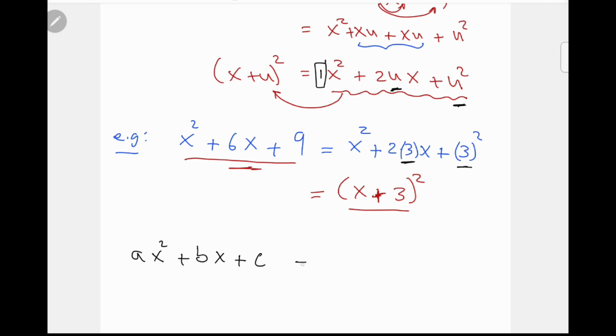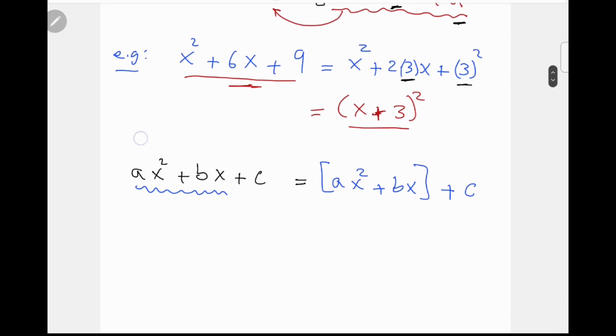So first of all, we need to isolate these two expressions, ax squared plus bx.